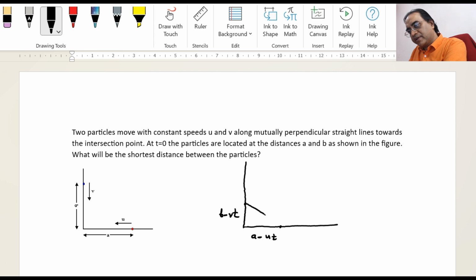We want this distance to be the least. Let's call it L. Let's call it X. Let's call this Y. So L square is X square plus Y square, and this L we want to be the smallest. This will happen at some time, and we need to know that time.